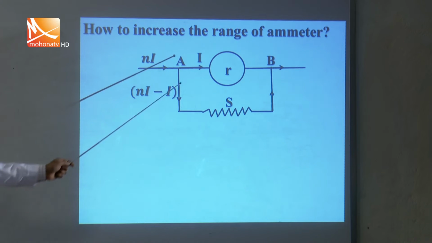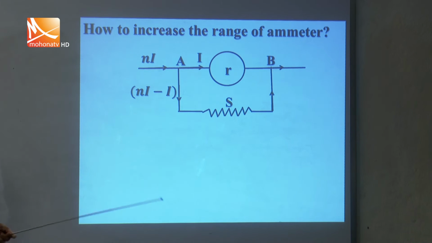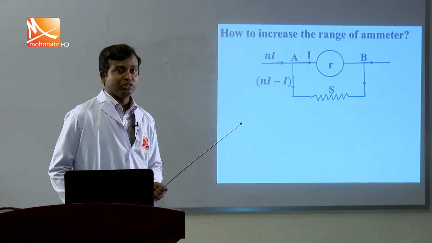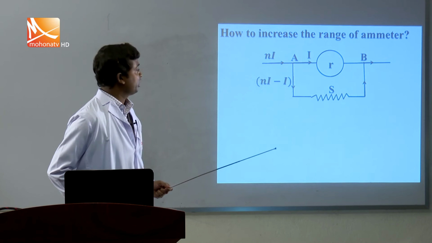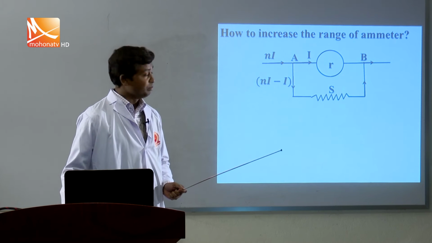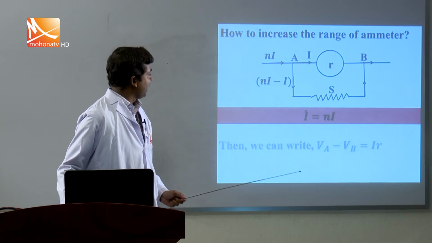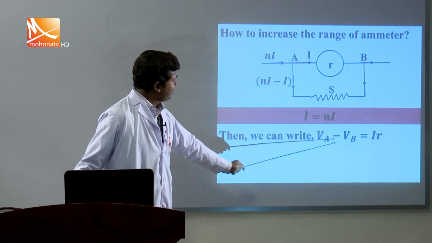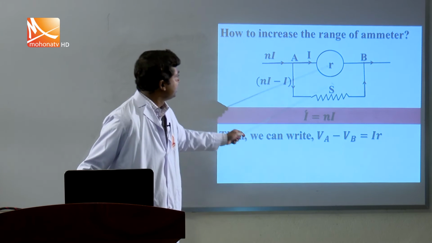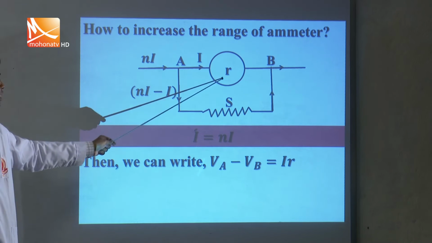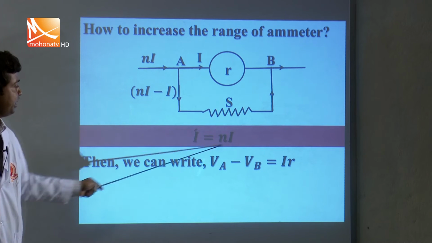Then from these two points you can use Ohm's law. You know that Ohm's law is very important, and now simply using Ohm's law for the ammeter you can write VA minus VB equals IR. This is the flow of current, this is the resistance of the ammeter, and this is the potential difference.